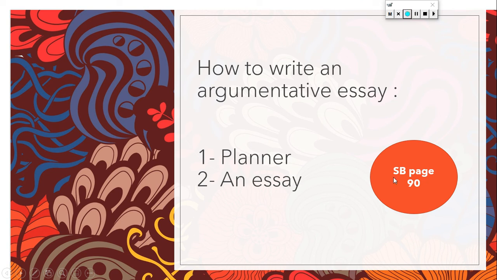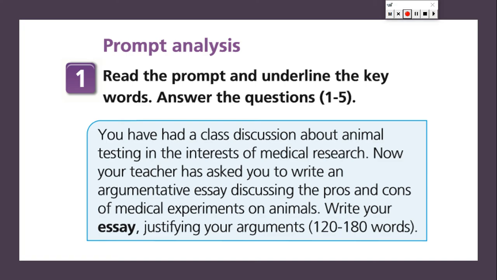Please take your student book page 90, and let's analyze this prompt. So we are going to try to underline the key words. You have a class discussion about animal testing in the interest of medical research. Now, your teacher has asked you to write an argumentative essay.